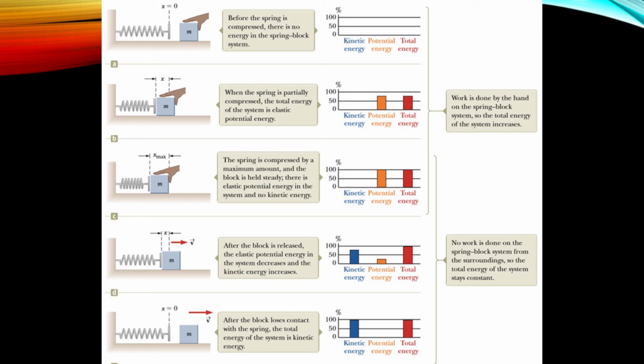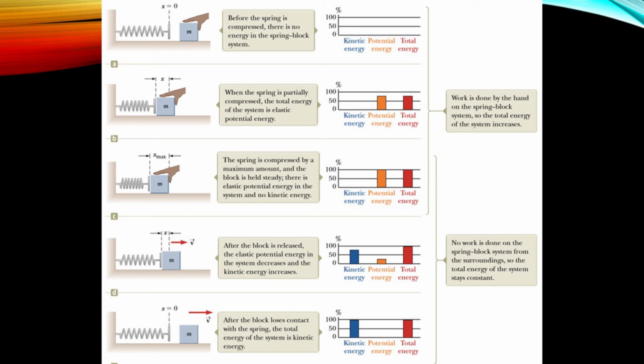It isn't moving. Then we can compress it by a certain amount. We're still holding on to it. When it's compressed like that, we're increasing the potential energy, which in turn increases the total energy. At the second point here, I've compressed it as far as I'm going to, so that has the maximum potential energy, and then I can let it go.